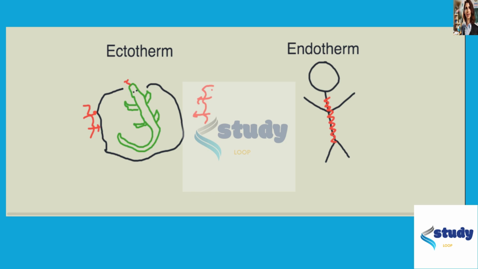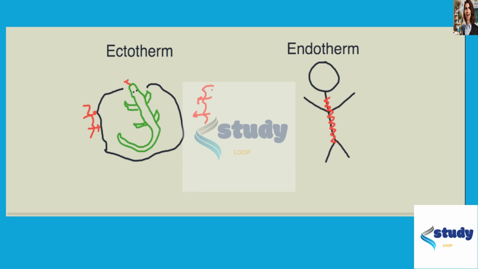Ectotherms are those organisms that you are probably most familiar with under the term cold-blooded. Their name, if you break it down, ecto is related to external and therm, or heat. This means that these are organisms that rely on heat sources that are external to them for the heat energy needed to maintain their internal body temperature.